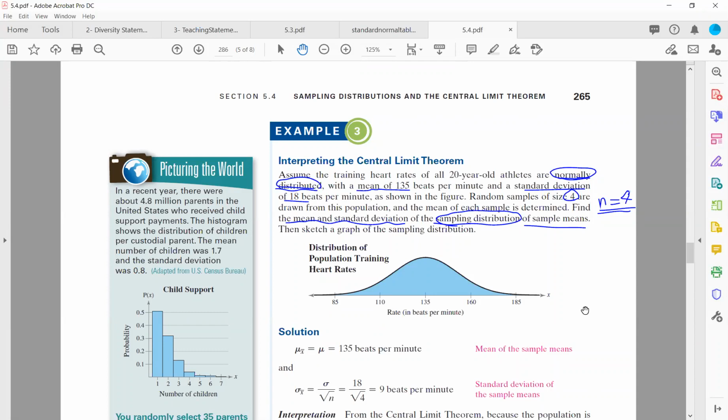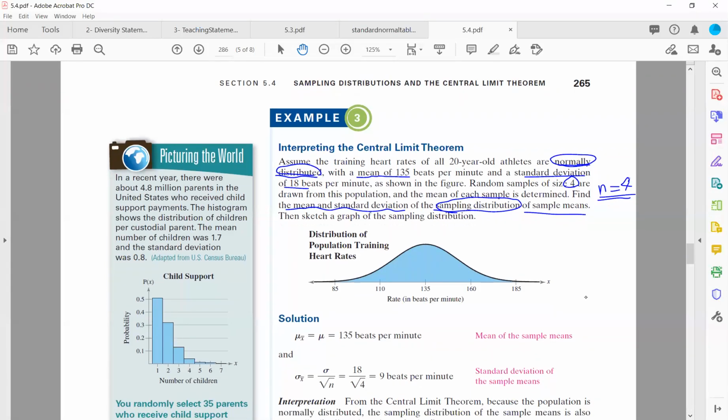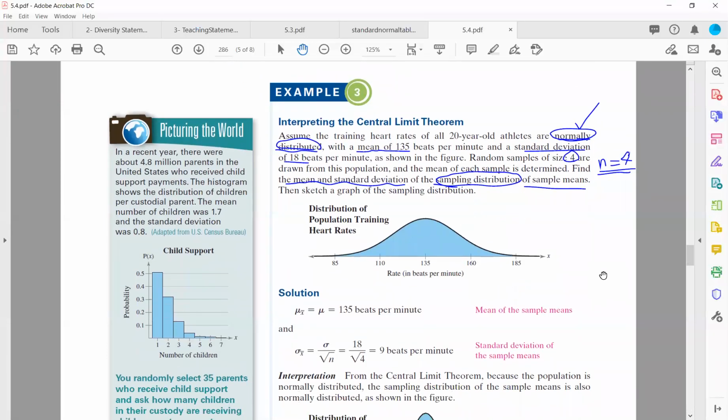By using the central limit theorem, since we have a normal distribution, we can move on to the formulas. The mean of the sampling distribution is the same as the mean of the population. The mean of the population is given, which is 135. So the mean of the sampling distribution is 135. For the standard deviation of the sampling distribution, you have to do a little bit of algebra.